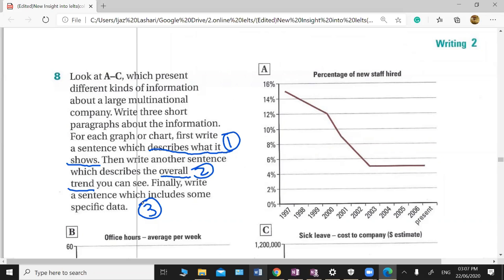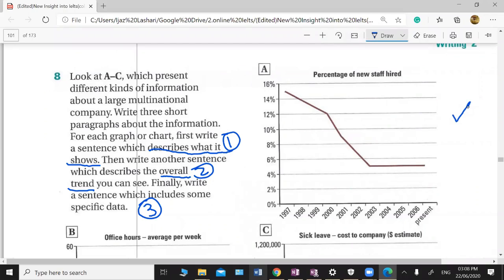We will be writing just three sentences. The first one, you describe what it shows. Secondly, you give the overall trend. And third, some specific detail about this data. So these are three sentences about this chart.